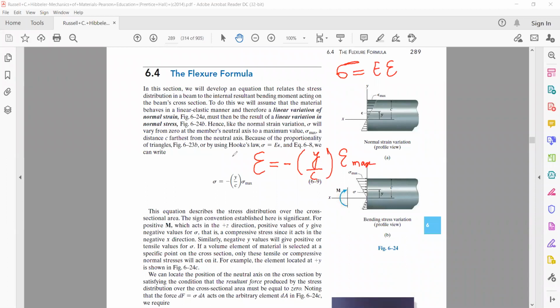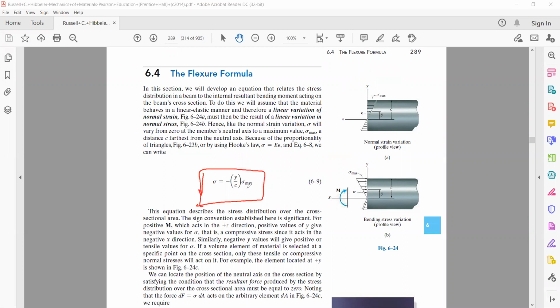Then if we multiply both sides of this with Young's modulus of elasticity, Young's modulus multiplied by the strain means the stress. Therefore, we can write sigma is equal to Young's modulus multiplied by the maximum strain gives the maximum stress. Therefore, stress is equal to minus y by c into sigma max. Sigma is equal to minus y by c sigma max. That's what is given here in the Flexure formula.